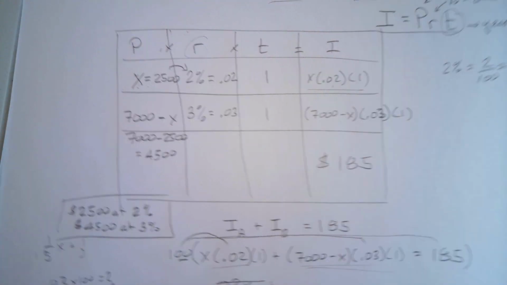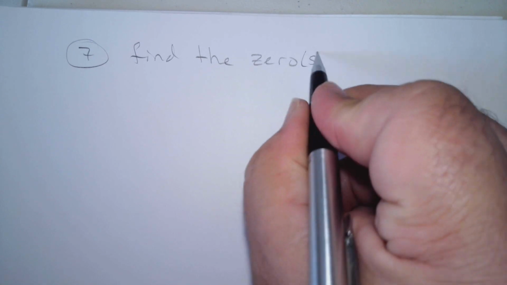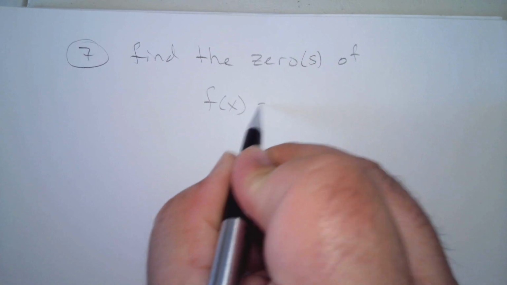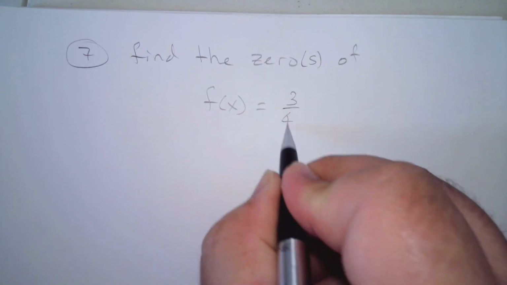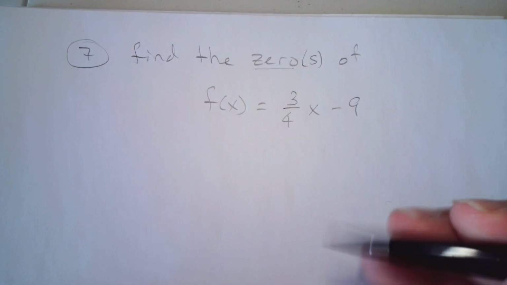All right, let's look at number 7. That pretty much does it for the word problems so far. Question number 7. Find the zero, or zeros, if there's more than one, of this function: 3 over 4x minus 9. Now, we have to decide, what do they mean by find the zero?